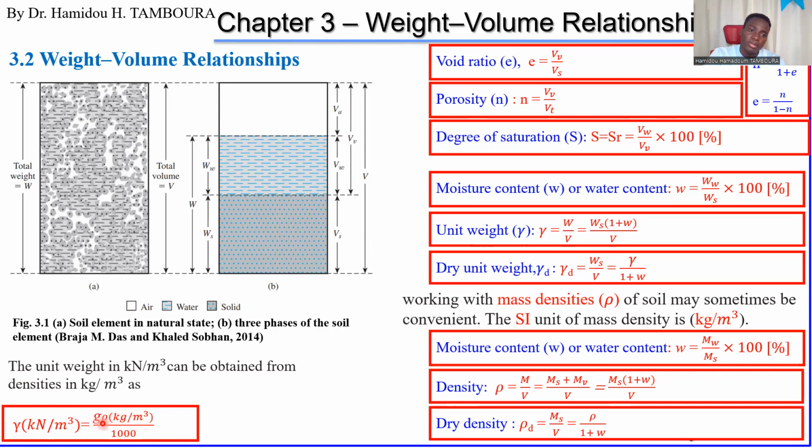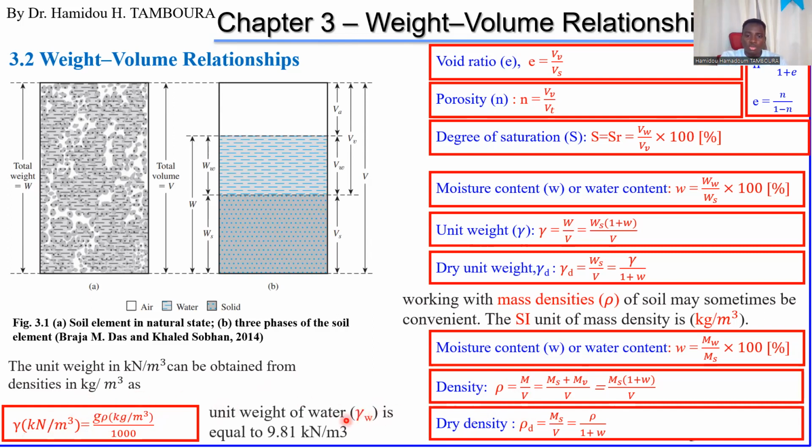This density times g, the acceleration due to gravitation, is 9.81 something. So you can use this formula. Suppose you were working with mass on the construction site, and then you want to switch to weights, you can use this formula in that case.